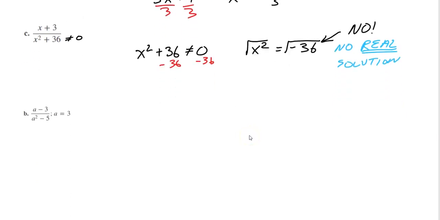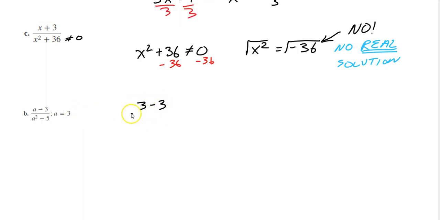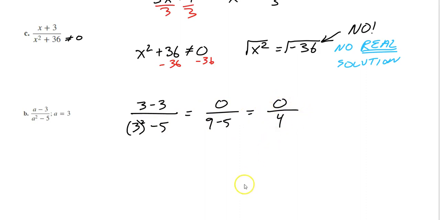Let's scroll down here. Let's finish up this last one here. Alrighty. This right here is just saying, wherever there's an A, put an A there. So I have 3 minus 3 all over 3 squared minus 5. Well, that's going to equal 0 in the numerator, and then 9 minus 5, which is 4, so 0 all over 4, which equals 0.